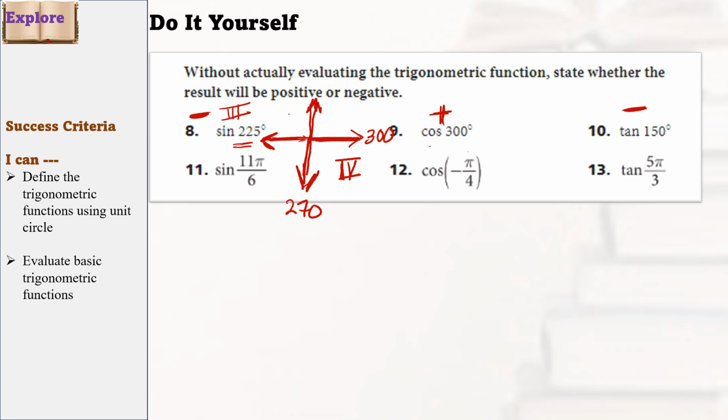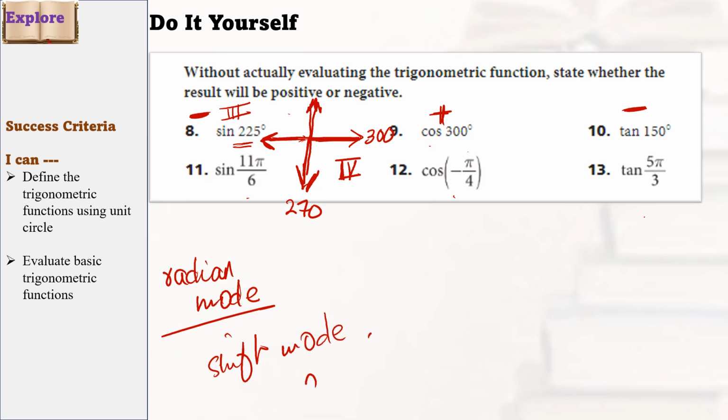Now if you have difficulty solving the radian measures, I would suggest that you write it in the calculator, but keep the calculator in radian mode. So press shift mode or shift menu, go to the angle setting and change the angle into radian form to get the correct answer.